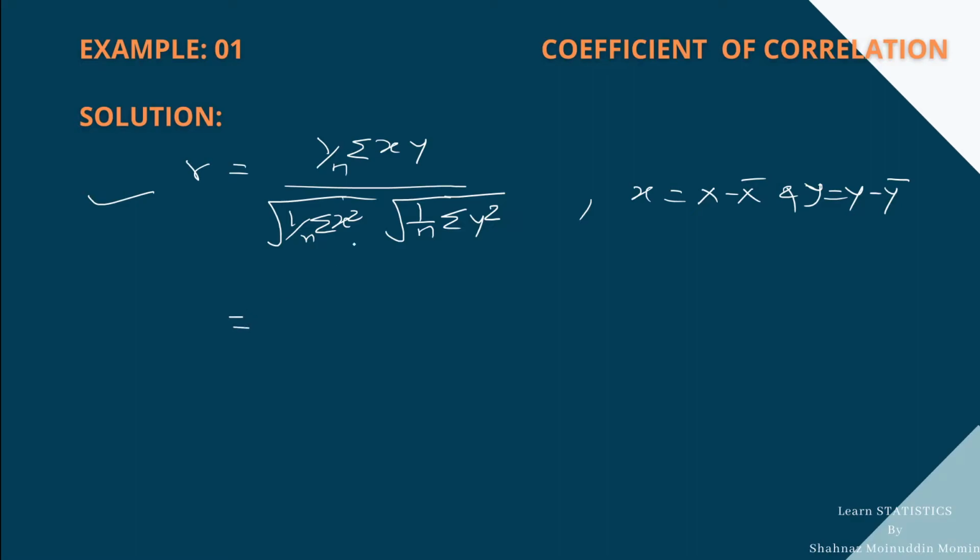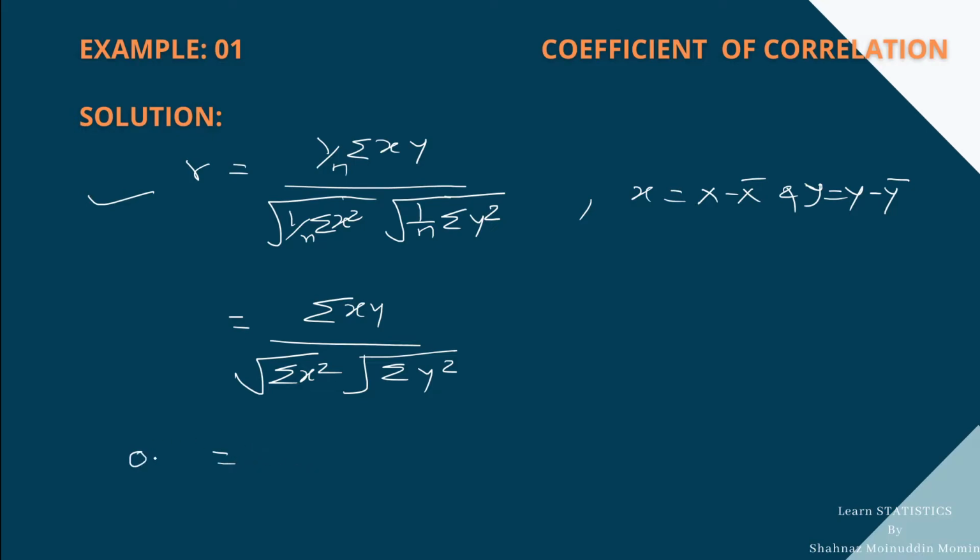By substituting all the values, the 1 by n gets cancelled, and the remaining term is summation xy divided by under root summation x square multiplied by summation y square. Put all the values in the formula.